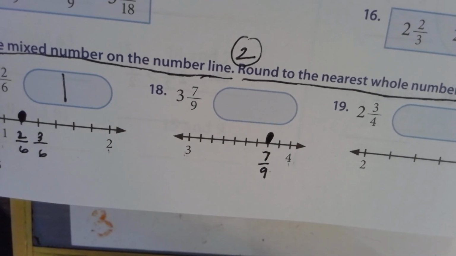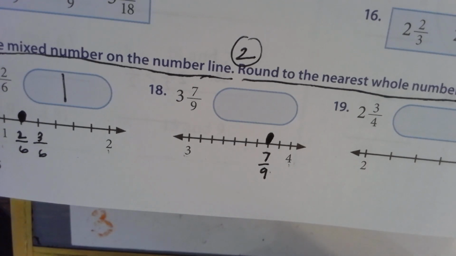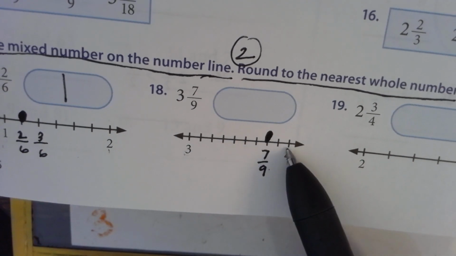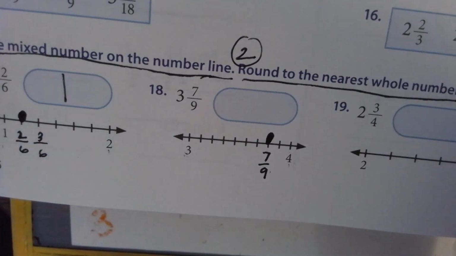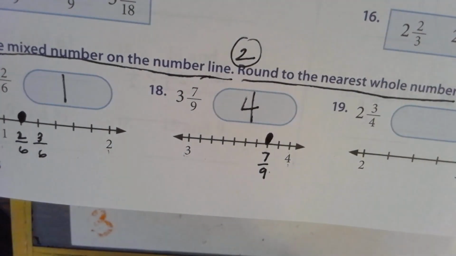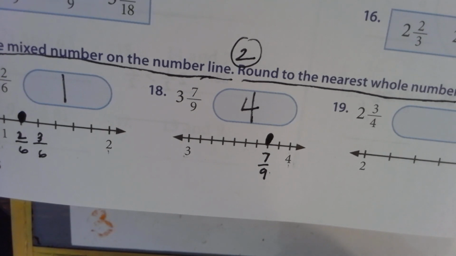I'm almost to the 4. Is that correct? Yeah. So when I round to my nearest whole number, I look at where I plotted and I say, oh, this is way closer to 4 than it is to 3. So when I round, I'm going to round up to 4.